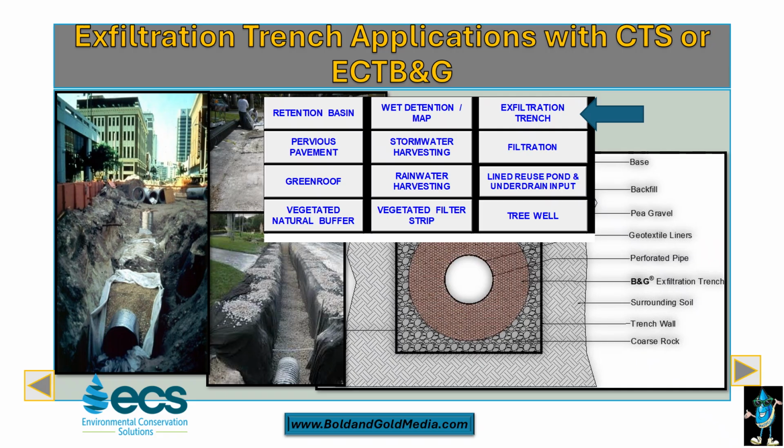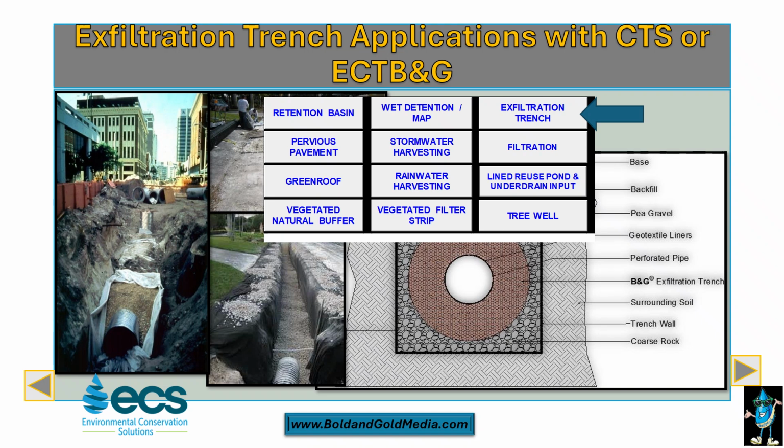Here's a real-world example that demonstrates just how durable and effective these systems can be. Back in the 1980s, the bioretention area method was applied in the design of an exfiltration trench system as part of a permit application. What makes this particularly remarkable is that this system is still fully operational today in 2025, meaning it has been functioning as intended for over 4 decades.